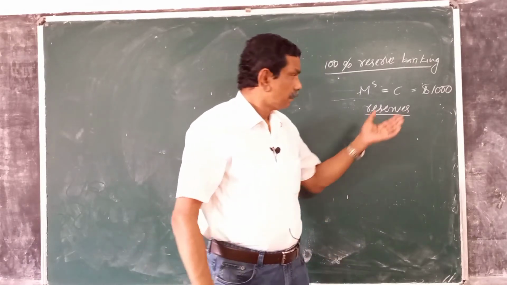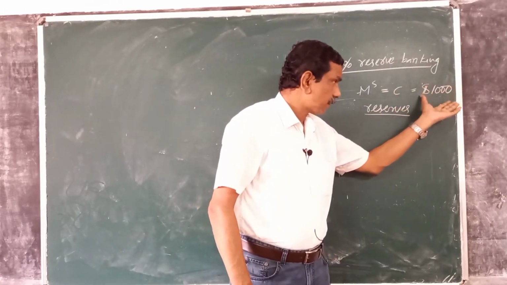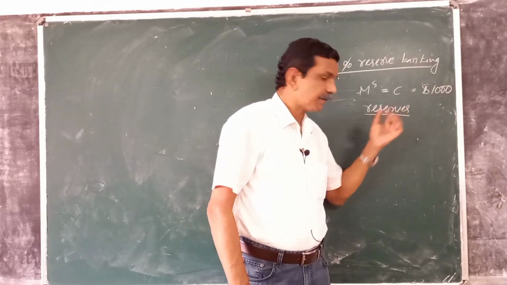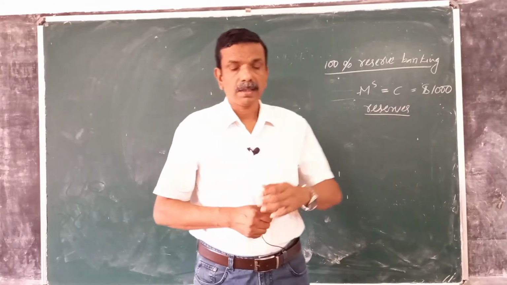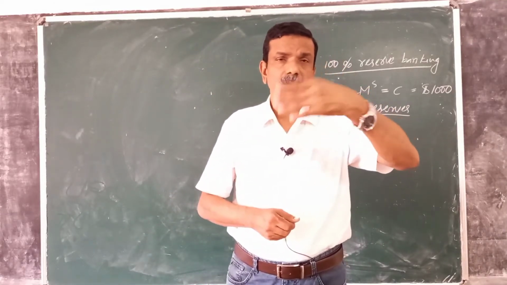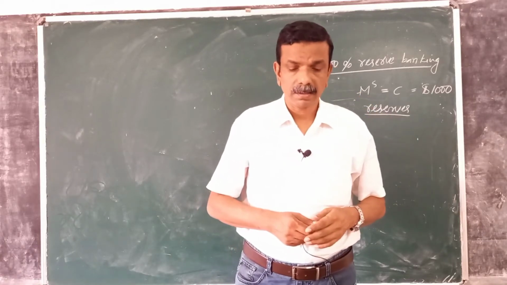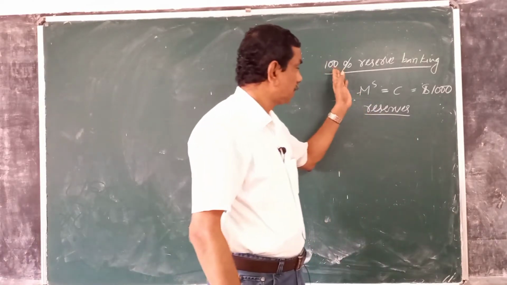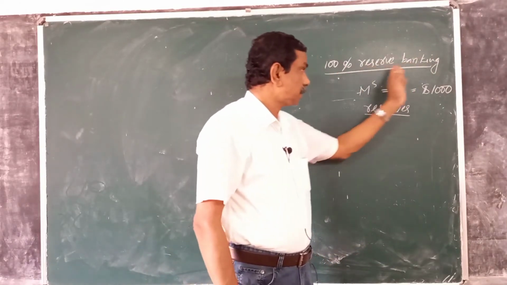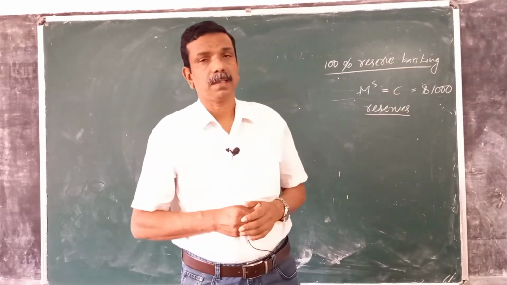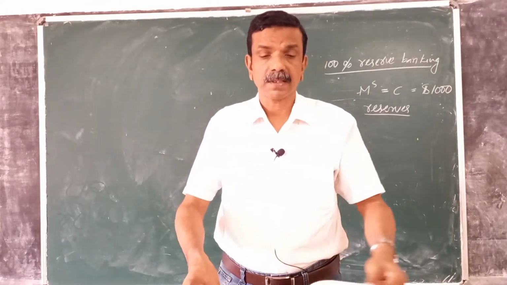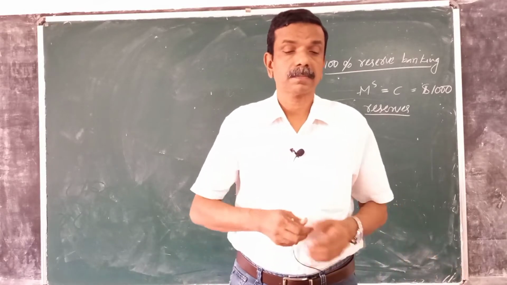So, the bank accepts deposits worth $1,000, keeps this in the form of reserves, and it will be kept there until it is withdrawn by the public. And this is a case of 100% reserve banking.